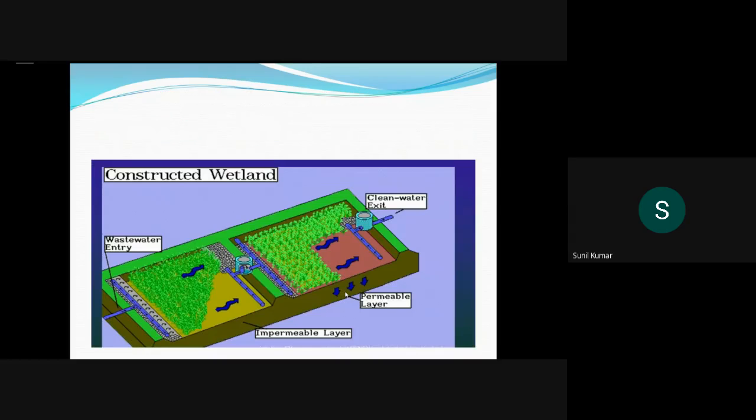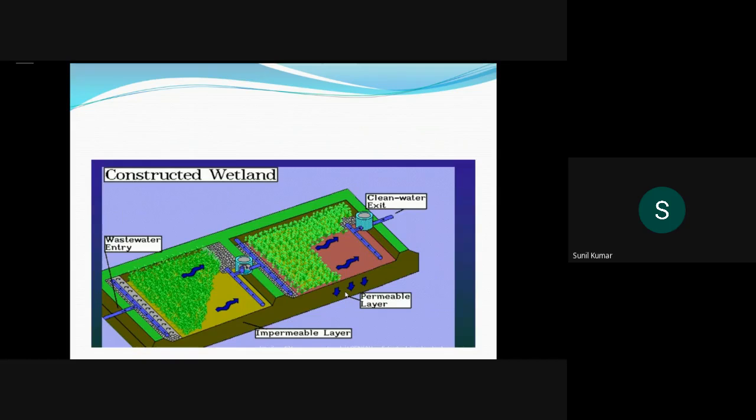Now it is shown pictorially to understand what components will be there. You can see here, it is a constructed wetland. The first point is the water entry point. There it is discharged to the wetland portion. In the wetland portion, there will be plants and there will be media.